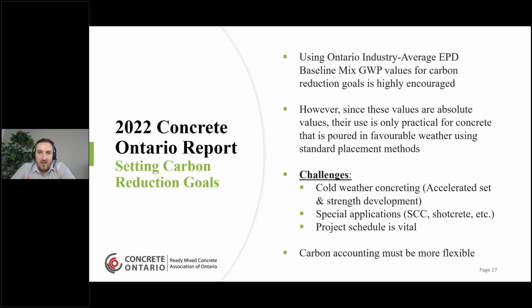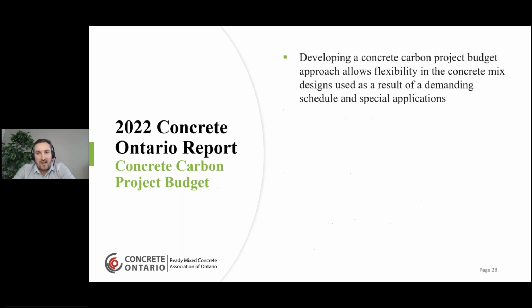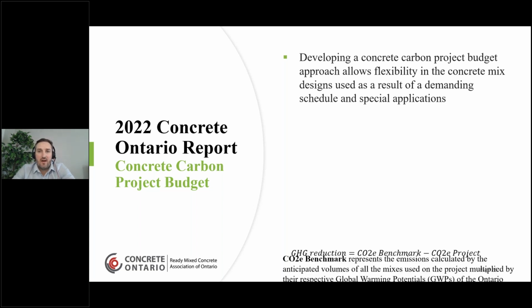So by including just GWP values as a specifier, you will come across a lot of challenges and problems in actually getting those numbers enforced. And the carbon accounting needs to be more flexible when you are setting those values. There's no plus minus on them, they're absolute values. And that's something that we have looked into and something we are trying to tackle with a guideline, which I will preview a little bit later on.